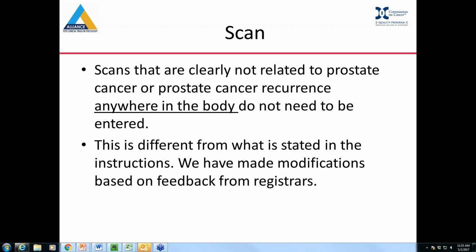If you have less than 12 eligible patients, we would like you to submit all of the eligible patients that you have.